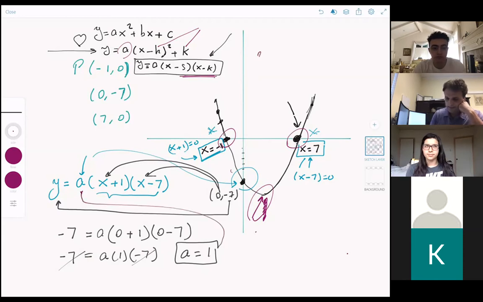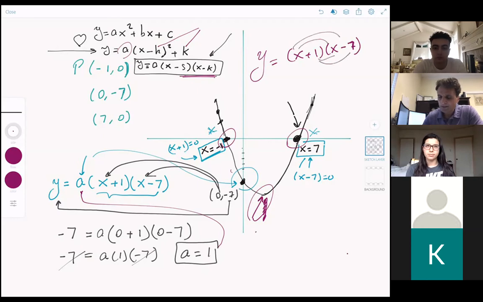So a equal to 1, you plug it there. The final answer is y equal to (x plus 1) times (x minus 7). If they don't specify, you can leave it like this or make it a standard form. I would suggest making it a standard form. If you FOIL it, it gives us x squared minus 6x minus 7.